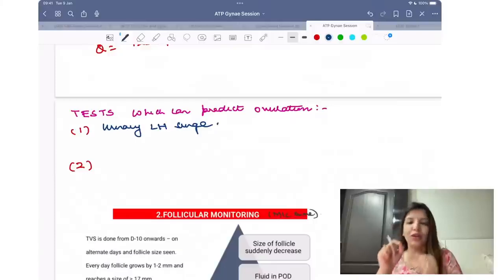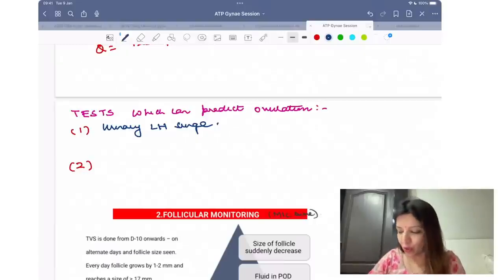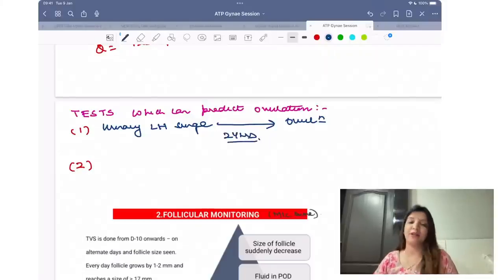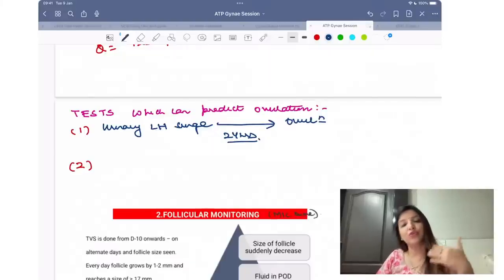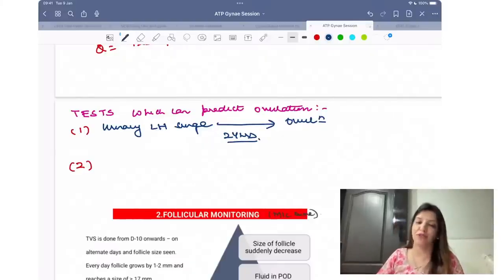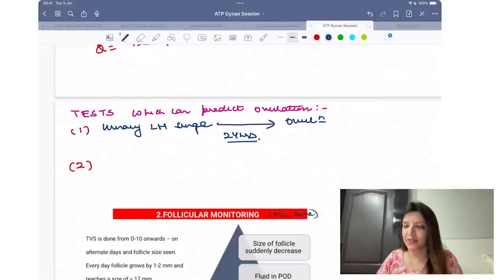And if you get two lines, that means urine में LH surge हो गया है. And अगर urine में LH surge हो गया है, तो उसके बाद ovulation will happen after 24 hours. If the LH surge is in blood, ovulation will happen after 32 to 36 hours. When the LH surge is in urine, then ovulation is going to happen after 24 hours.